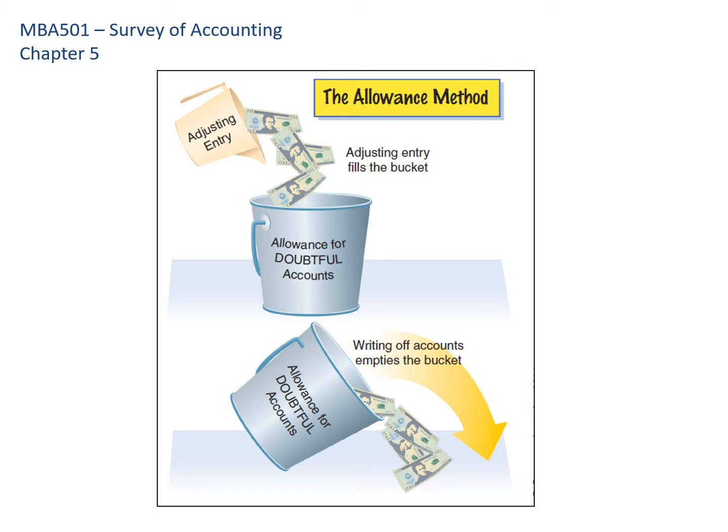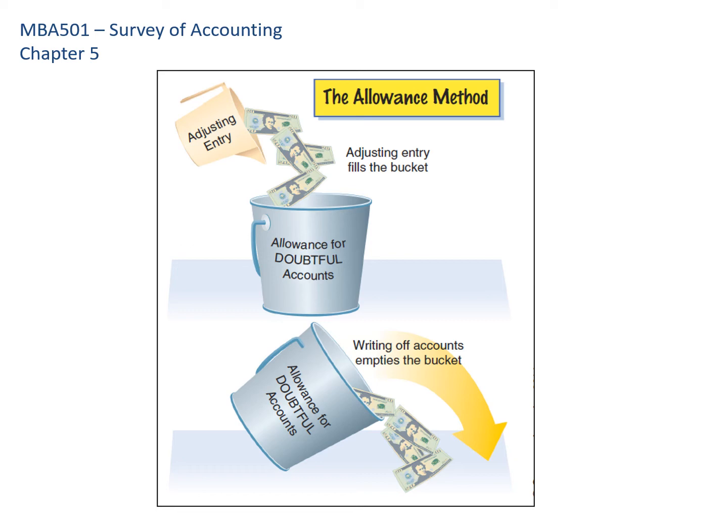But at the end of the year, we will make an entry where we recognize bad debt expense or uncollectible account expense based on sales times that percentage. And then we create this allowance for doubtful accounts, a provision that we can use for future write-offs. That way we've recorded the expense and we've created the provision in the year in which we've made the sales.